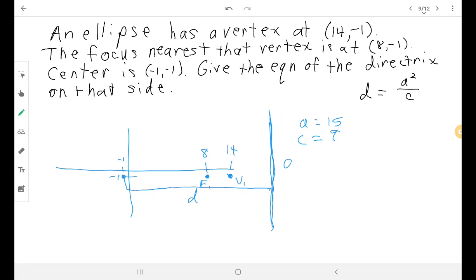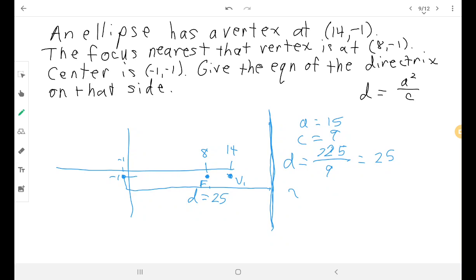And so I can get D, I can do 15 squared, which I'm going to double check, but I'm pretty sure it's 225. Yep. 15 squared, or 225, over 9. So let me divide that by 9, gives me a distance of 25. So D equals 25.